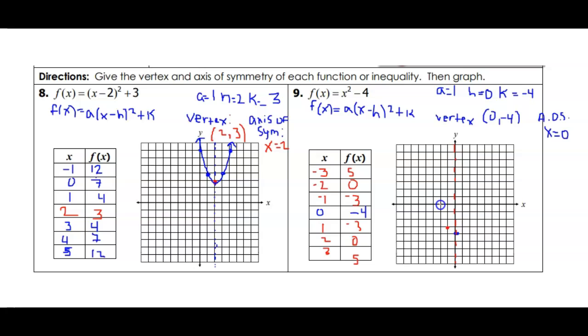So -2, I will be right here at 0. And then at -3, I'll be up at 5. 1, 2, 3, 4, 5. So -3 is here. And then on the other side, I'll plot my symmetry points, which should match my graph perfectly. And then I'll sketch my graph.